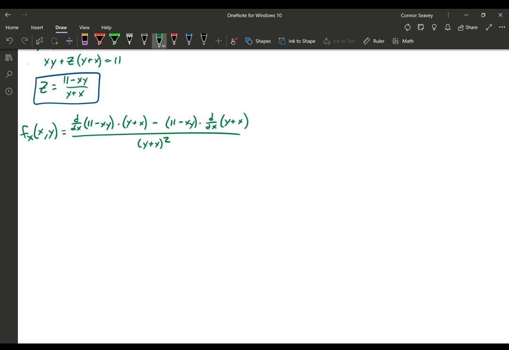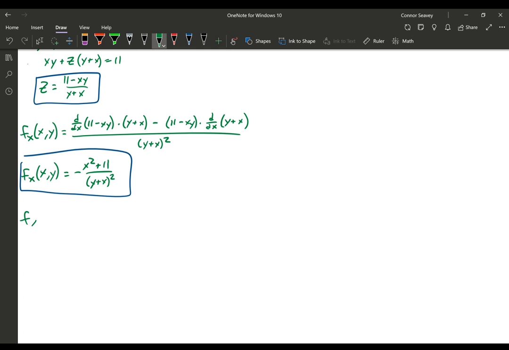So the derivative of 11 minus xy is going to be negative y, and the derivative of y plus x is going to be 1. To save some time, I'm just going to write this as (negative y squared plus 11) over (y plus x) squared. And there's our first partial with respect to x.